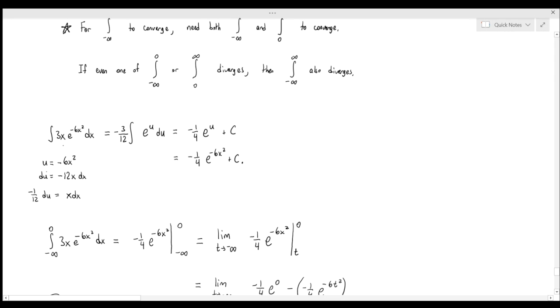And when computing the derivative of negative 6x squared, it becomes negative 12x. All right, any other questions?